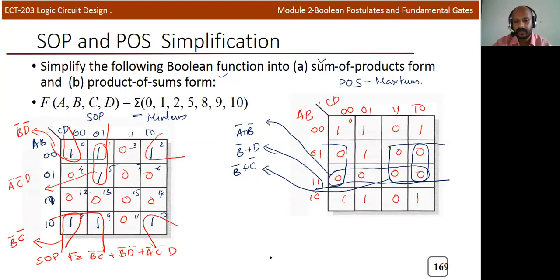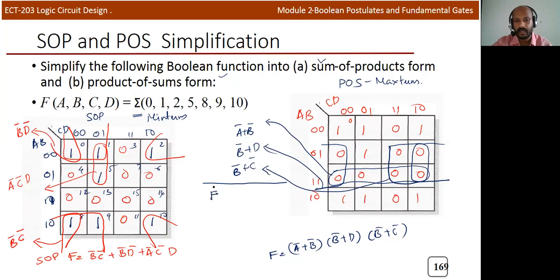So the final expression will be like this: F is equal to A bar plus B bar into B bar plus D into B bar plus C bar. I think we got the final result, but I will try in another form also.